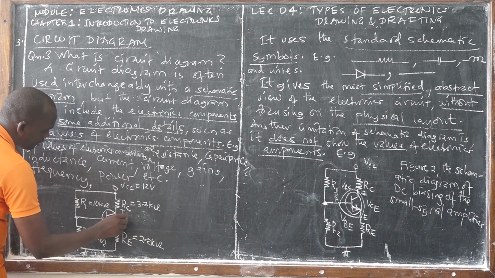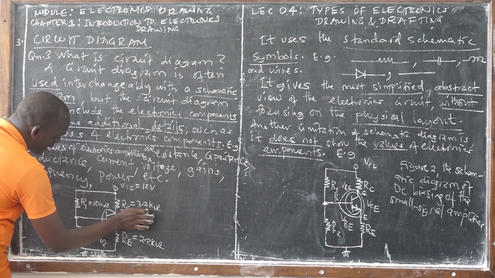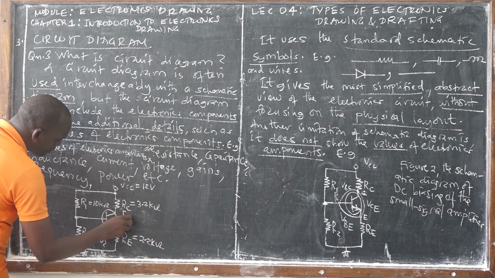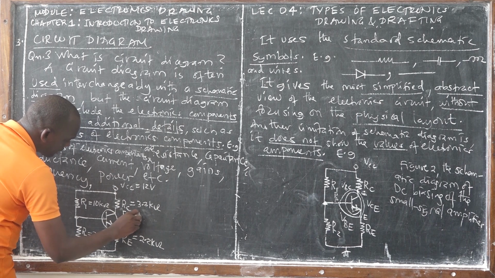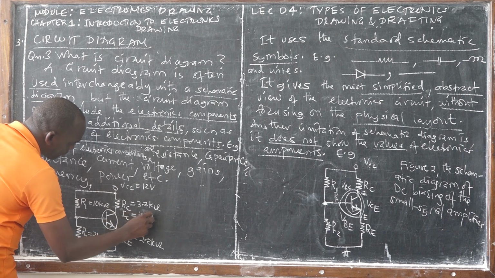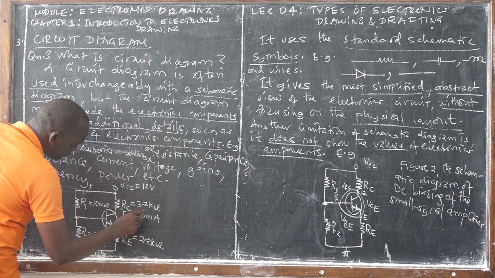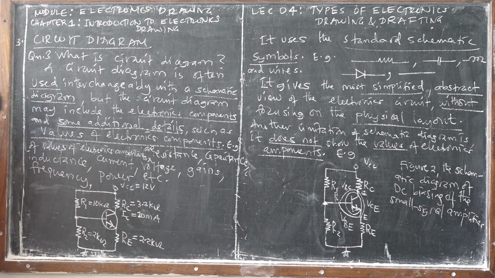The collector current of this transistor, according to the data sheet, is 10 milliampere. That's important information.